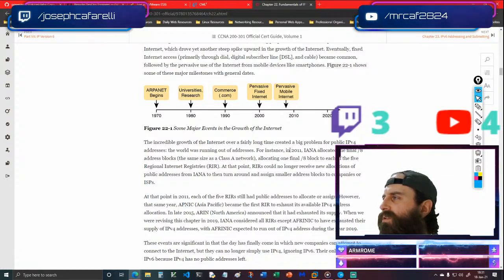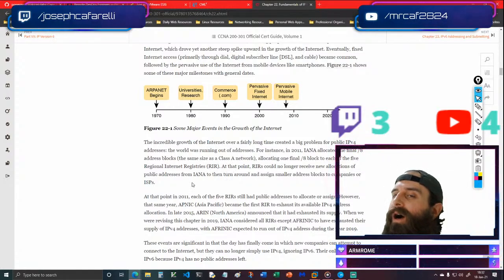For instance, in 2001, the IANA allocated the final Class A address block, the same size as a Class A network, allocating the final Class A block to each of the 5 regional internet registries, the RIRs.